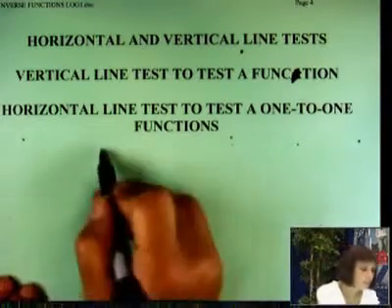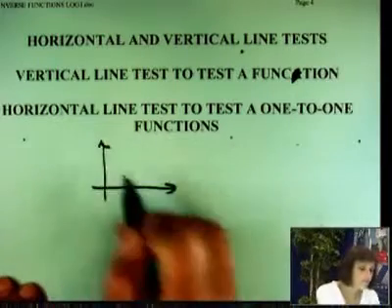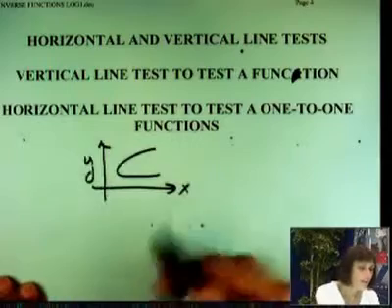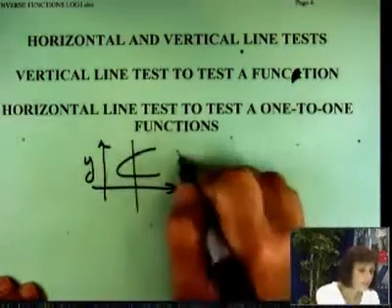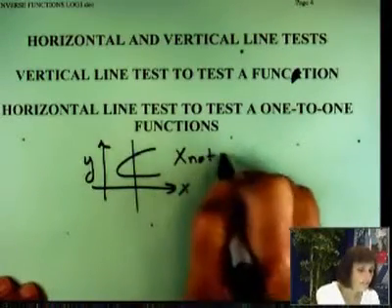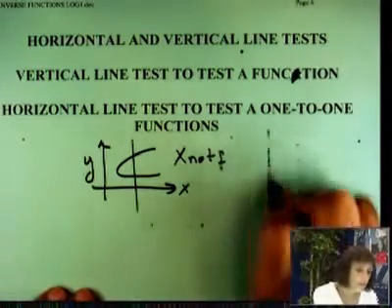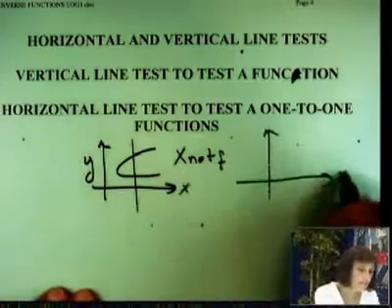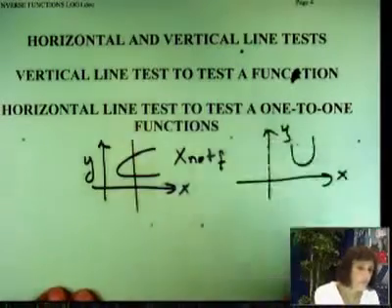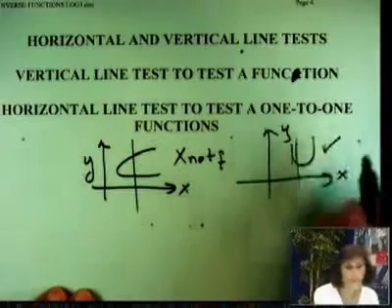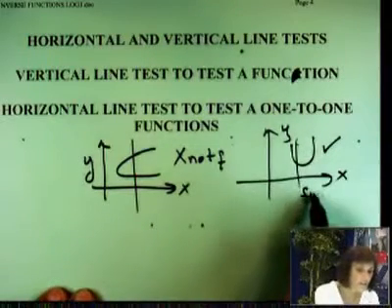So let's look at a couple of these. Some like that, x y. This one fails the vertical line test, not a function. So I stop at that point. How about this? Okay, it does pass the vertical line test, so this is a function.